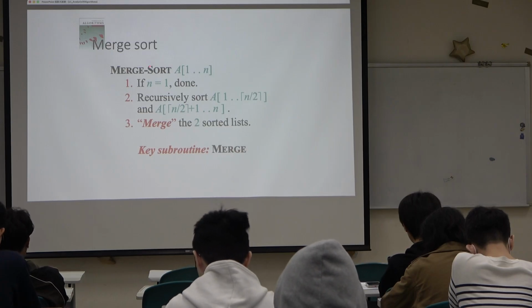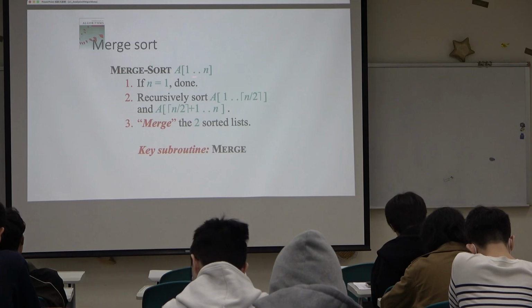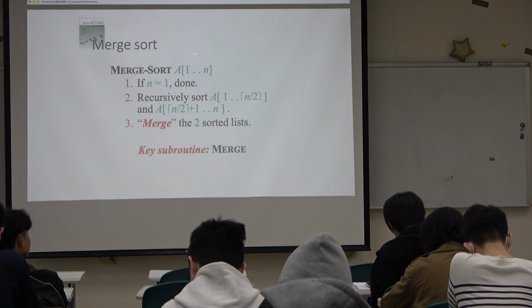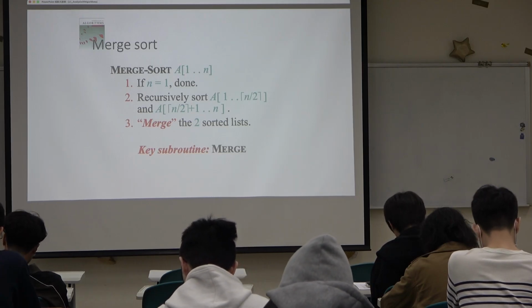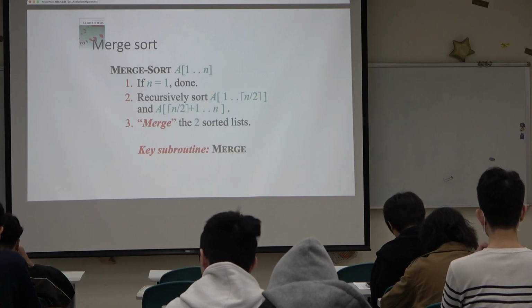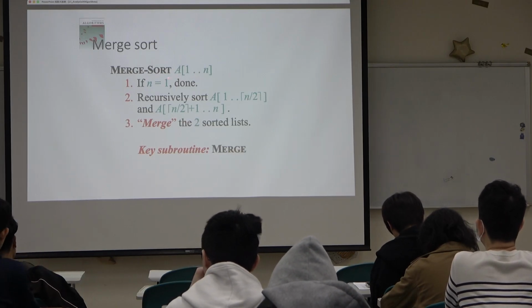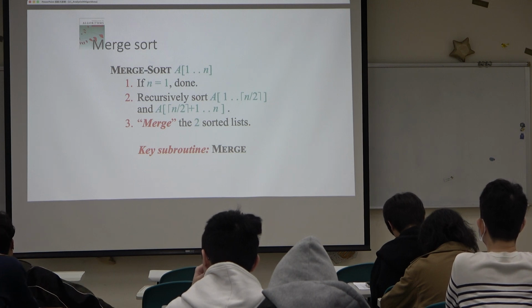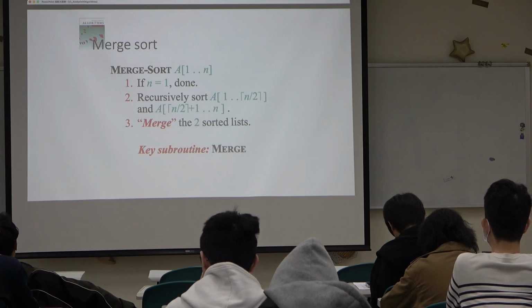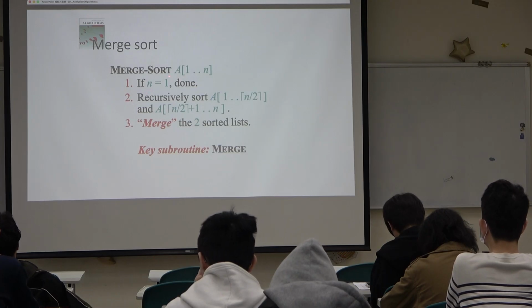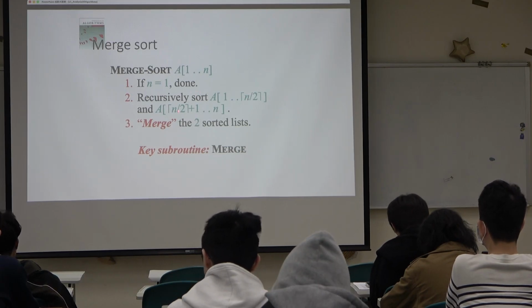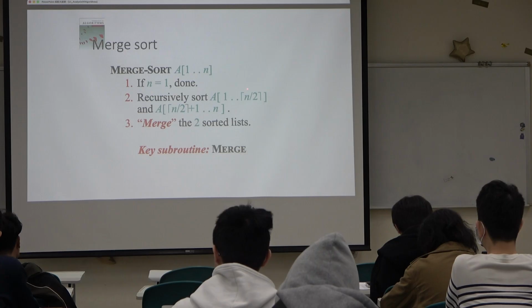In merge sort, again, given an unsorted array, if n is 1, if you only have one number, obviously it's already sorted. If it's more than 1, you recursively sort the first half and the second half. How do you do that?